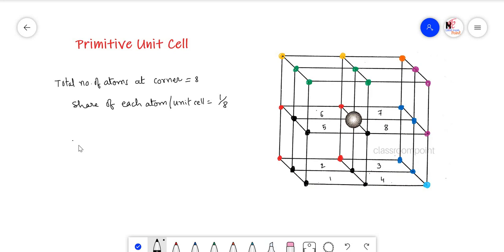So Z effective equals: totally 8 atoms are there at 8 corners, and each atom contributes only 1/8 part towards a particular unit cell. So 8 into 1/8 equals 1. So 1 atom per unit cell. So the simple cubic unit cell has only 1 atom per unit cell.